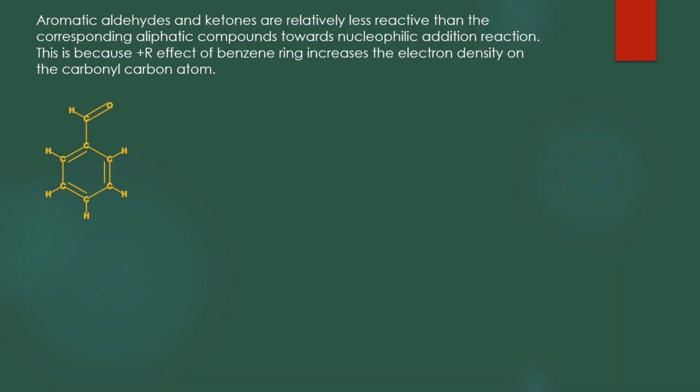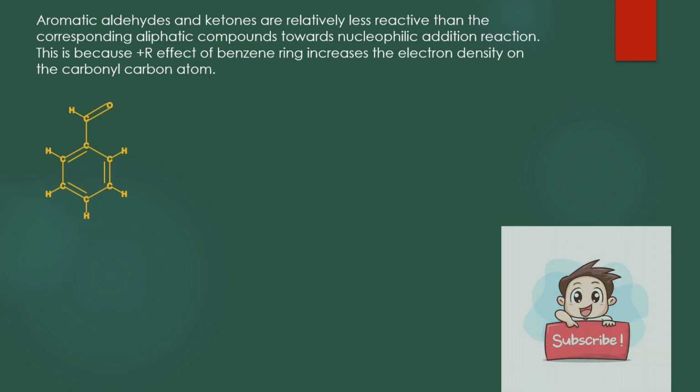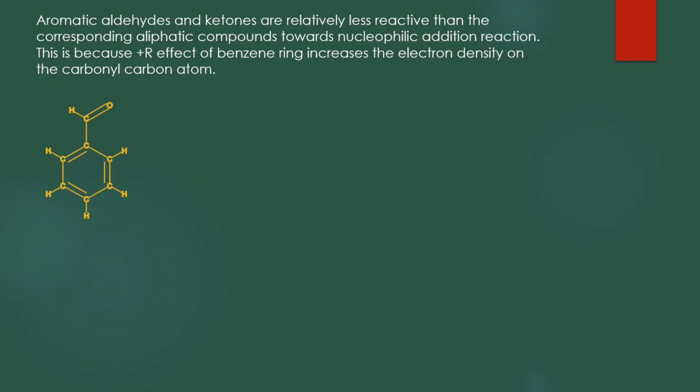Aromatic aldehydes and ketones are relatively less reactive than the corresponding aliphatic compounds towards nucleophilic addition reaction. This is because of the plus R effect of the benzene ring, which increases the electron density on the carbonyl carbon atom. The benzene ring, by its stronger electron releasing resonance effect, increases the electron density of the carbonyl carbon atom, while in aliphatic aldehydes and ketones, the alkyl groups, by their weaker electron releasing plus I effect, cannot increase the electron density on carbonyl carbon to such an extent.